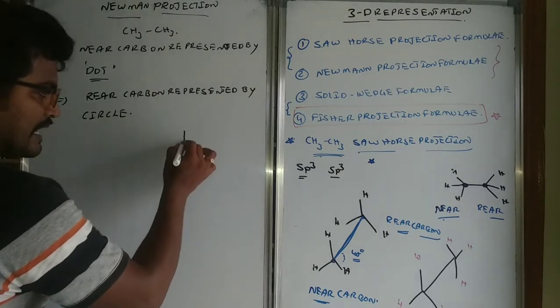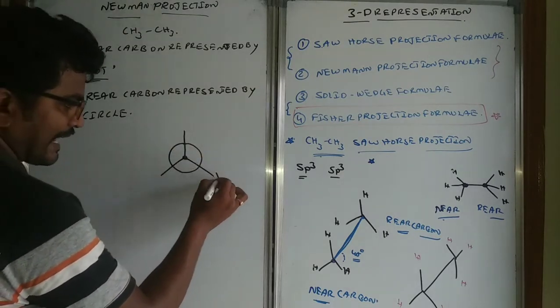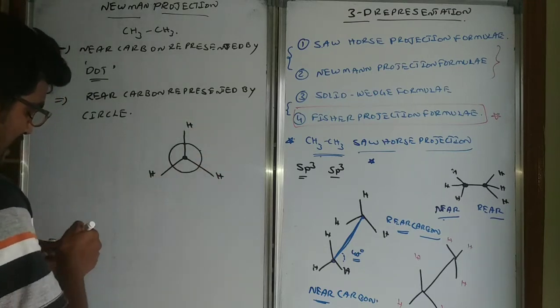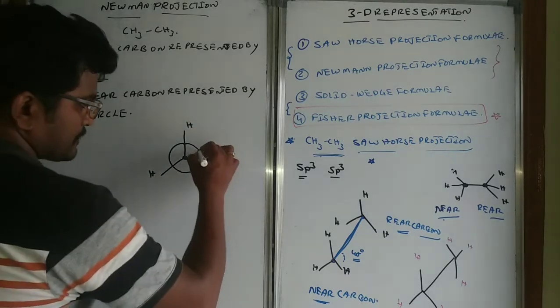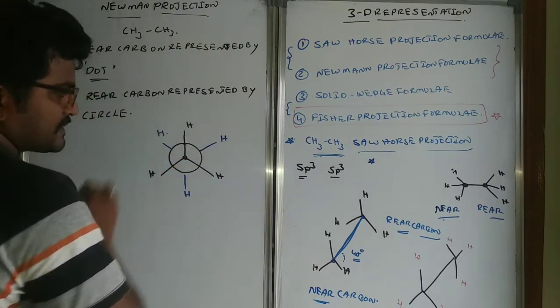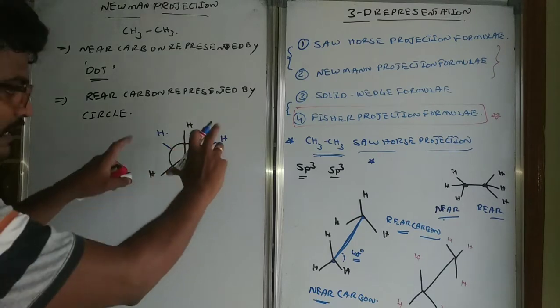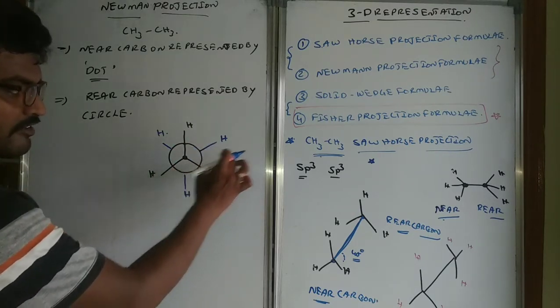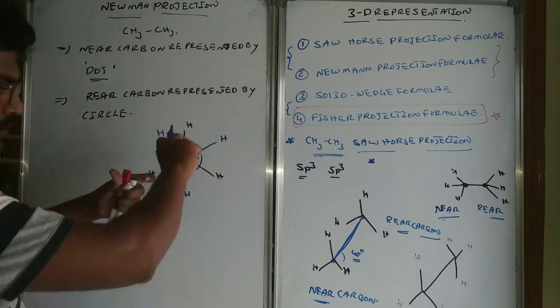Near carbon is having 3 hydrogens and rear carbon is having 3 hydrogens. You can imagine this thing in an identical way. This is towards you. This is one carbon. This is away from you. That is another carbon.